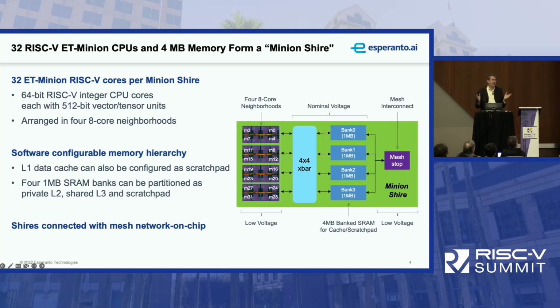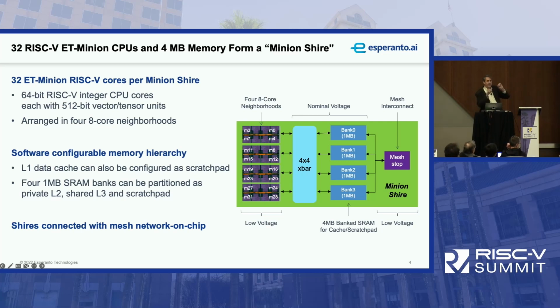Each one of those cores has an attached vector unit that's optimized for the type of data types you'll find in machine learning, which is typically 8-bit float, 8-bit int, 16-bit float, or 32-bit float. And these are arranged in groups of 8.